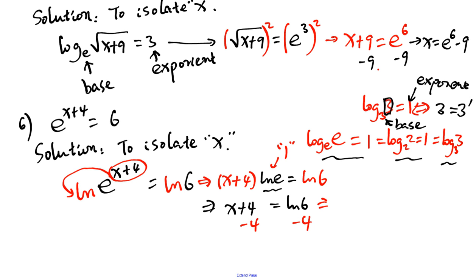You can then isolate x: x is natural log 6 minus 4. That will be our solution. Alright? Okay. Please review these 6 examples, and then I will see you next time.